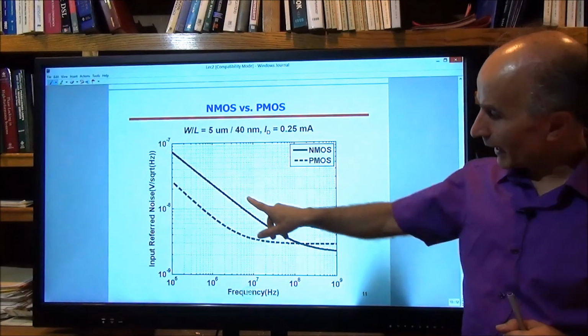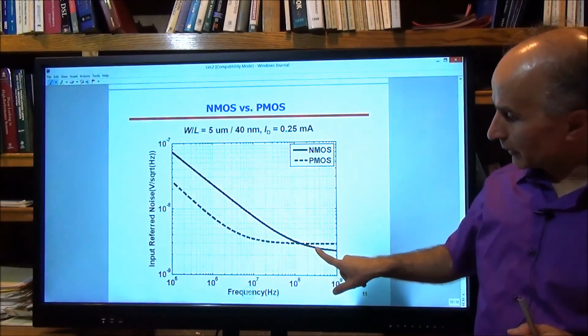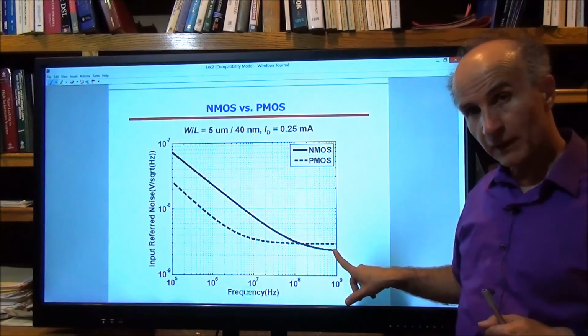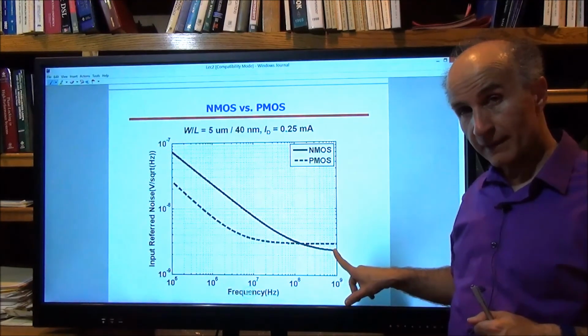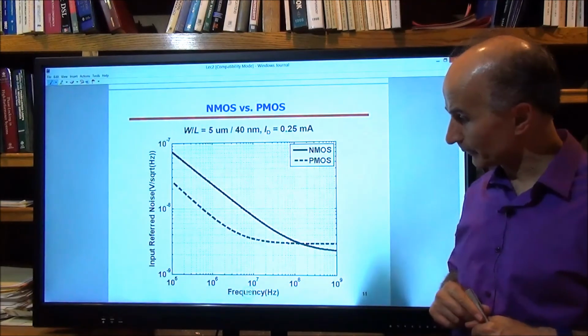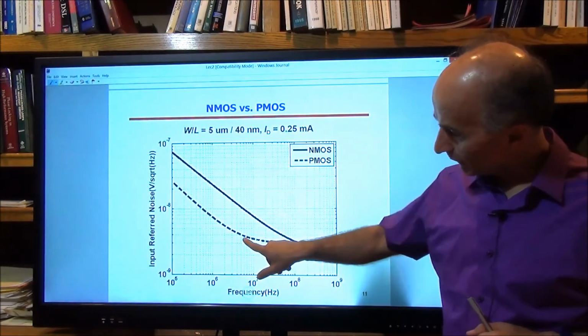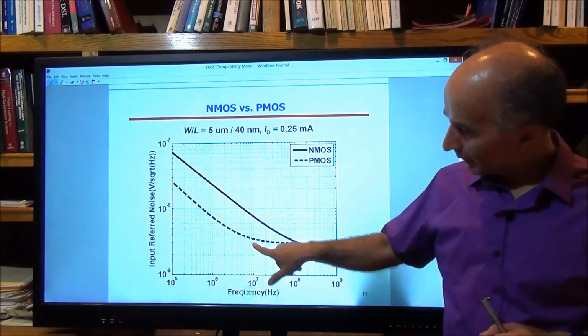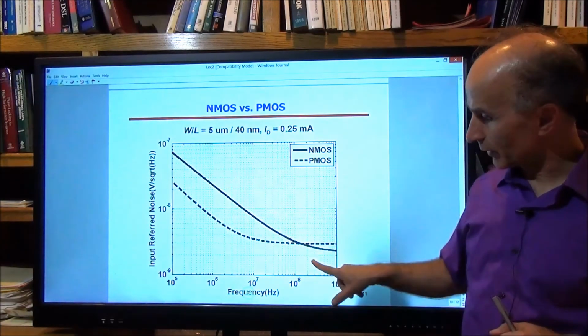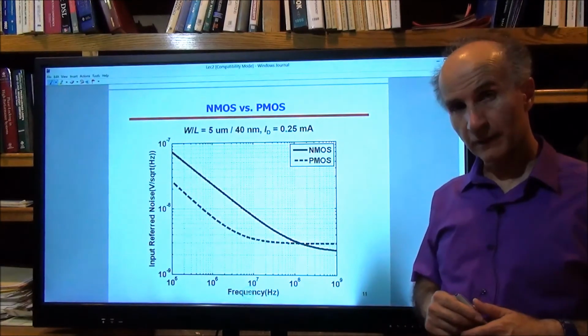And then of course at some point the flicker noise disappears, and what we see is that the gate referred noise of the NMOS is lower than the PMOS because it has a higher transconductance. So we see that the corner frequency of the PMOS noise profile is quite lower than the corner frequency of the NMOS noise profile.